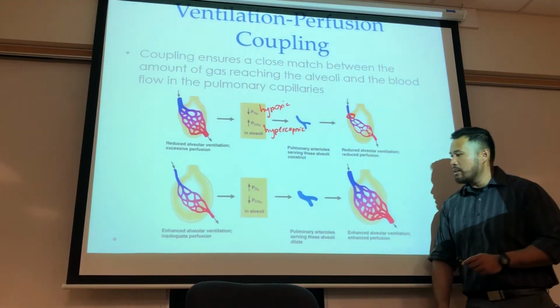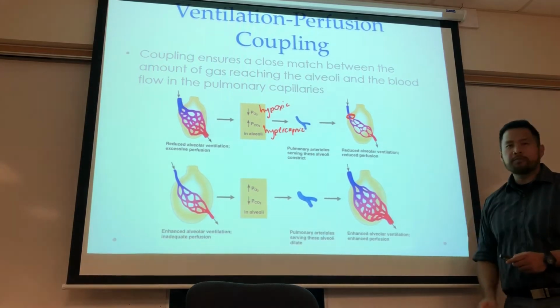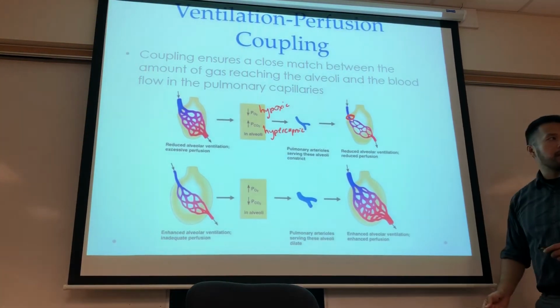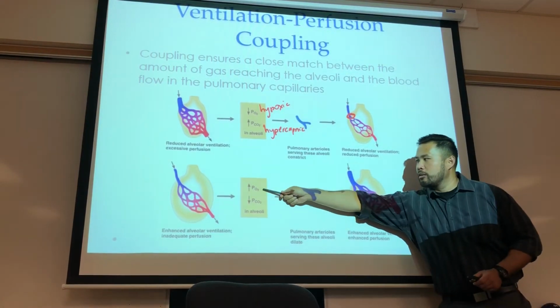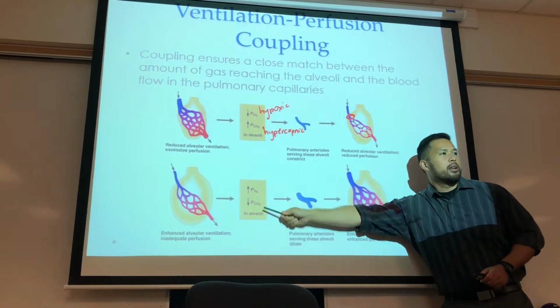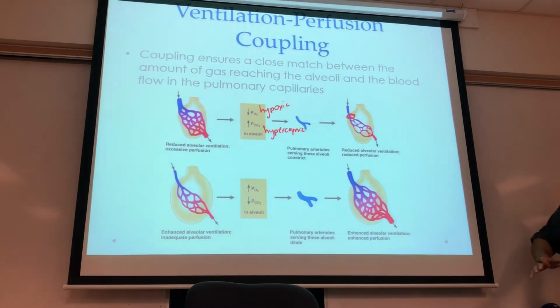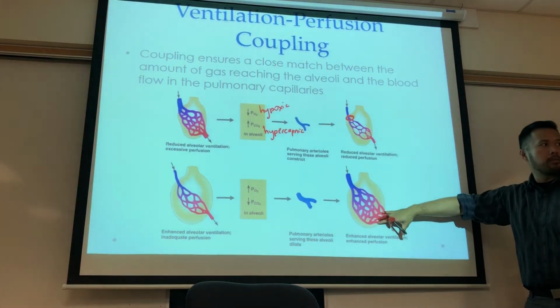The way we can do that is to dilate the arteriole and open up the precapillary sphincters to increase perfusion into that capillary bed, to pick up that rich O2 and also unload a good amount of CO2 into that alveoli. So better ventilated areas of the lung will want to increase the blood flow.